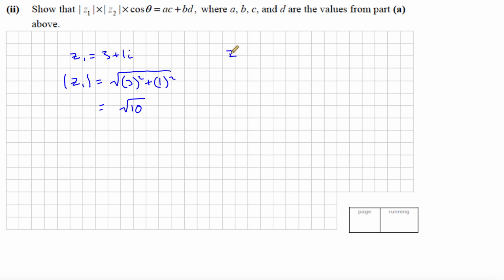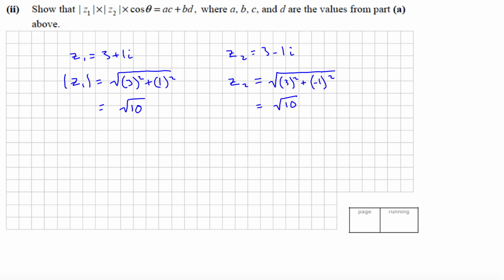Okay, well z2 is 3 minus 1i, so the modulus of z2, which is what we're doing next, will be the square root of 3 squared plus minus 1 all squared this time. But again, that works out to be root 10.